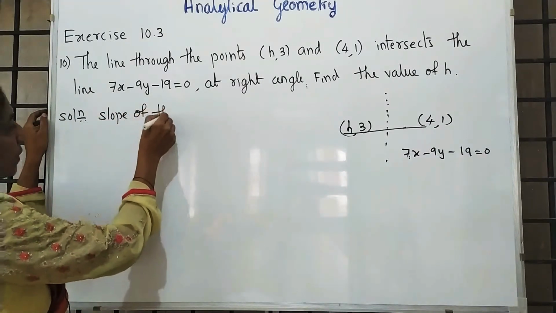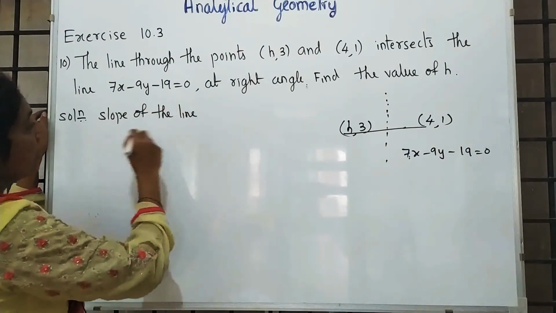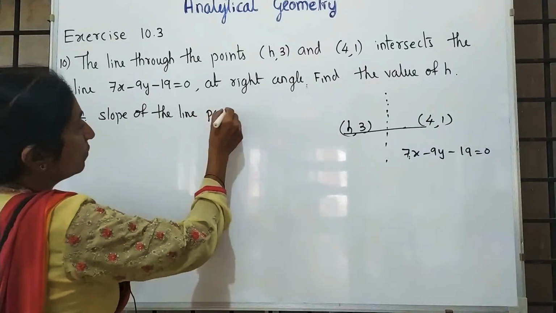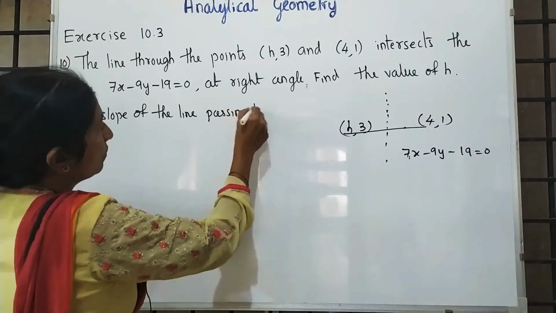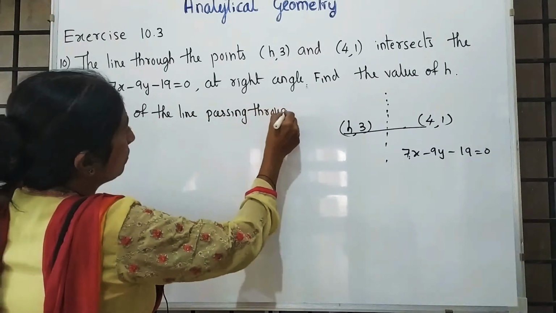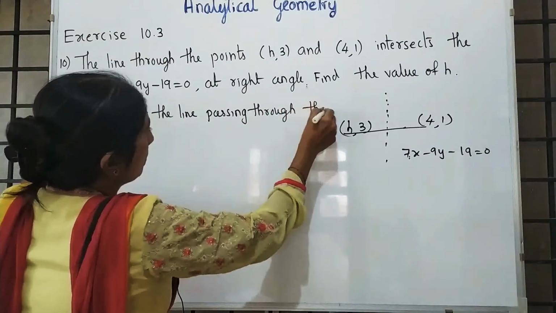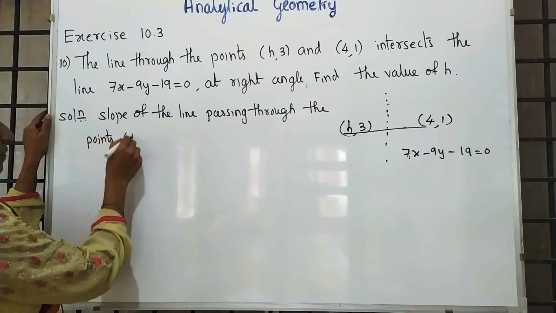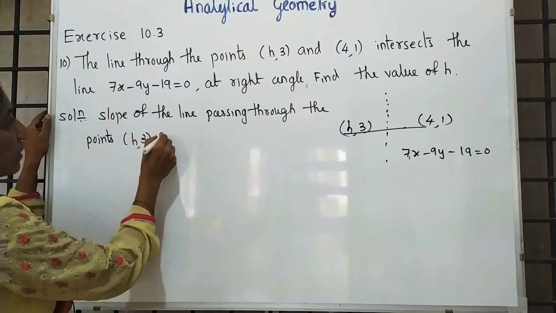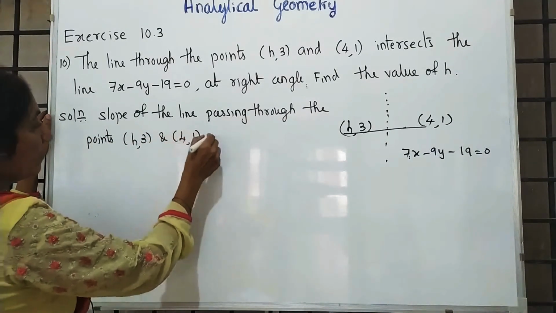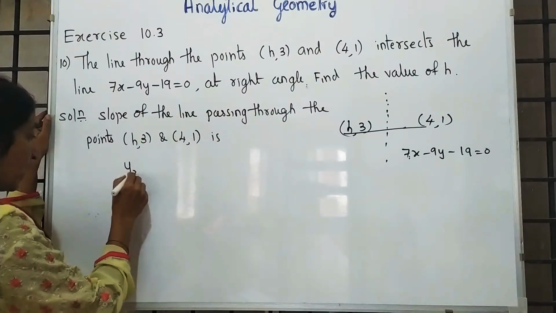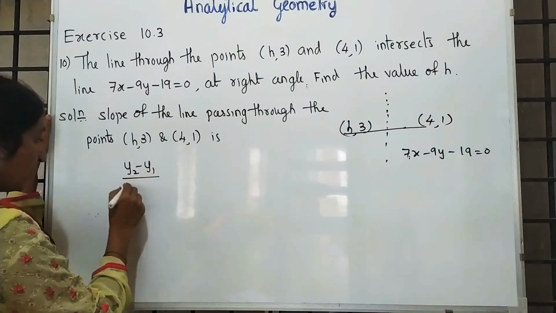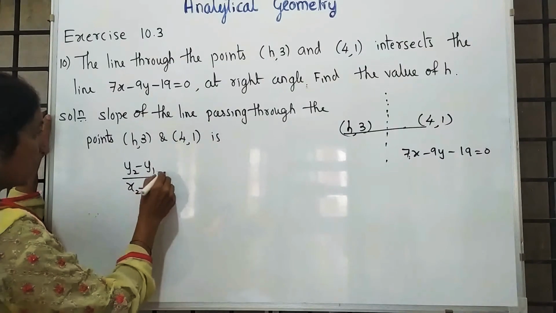Slope of the line passing through the points h, 3 and 4, 1 is y2 minus y1 upon x2 minus x1.